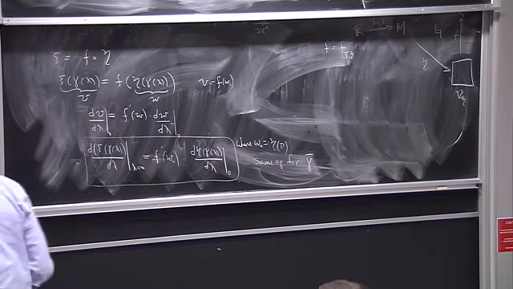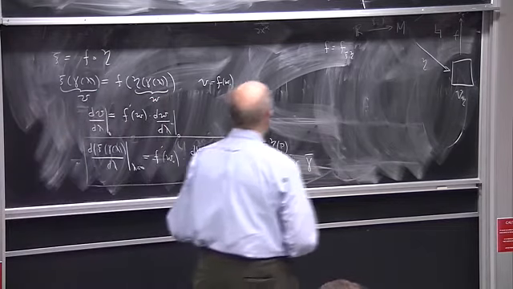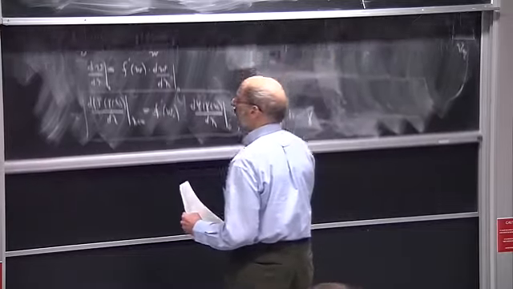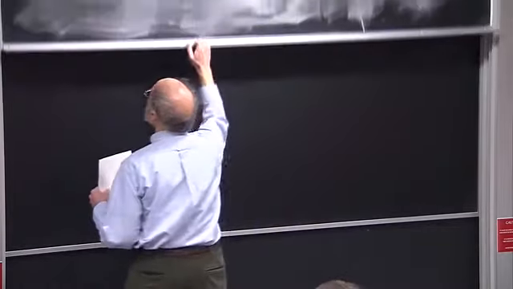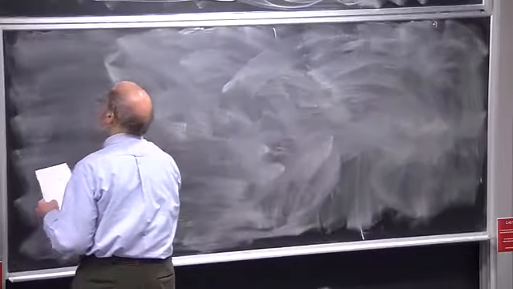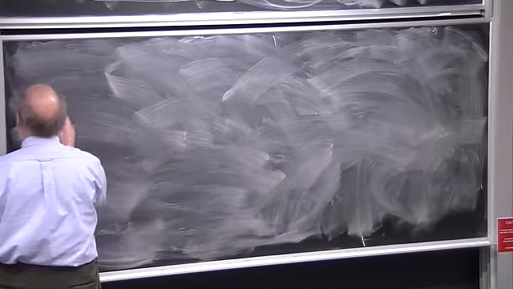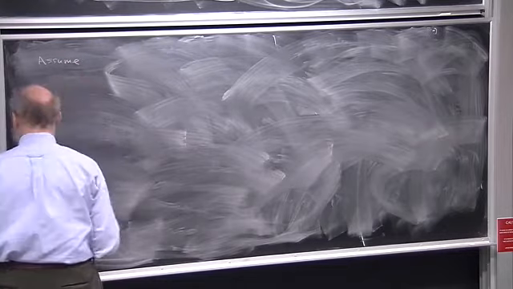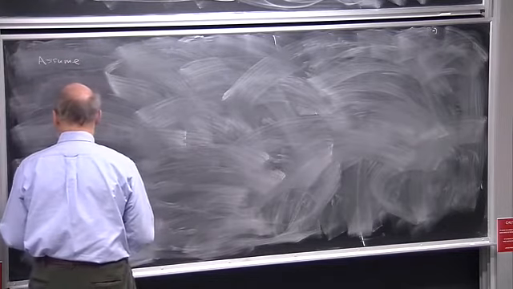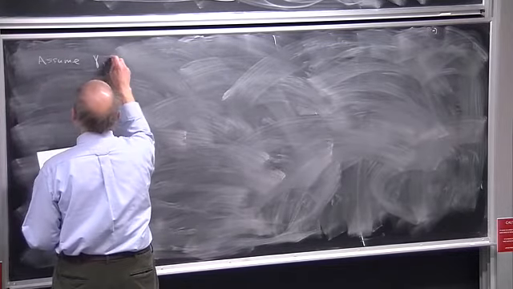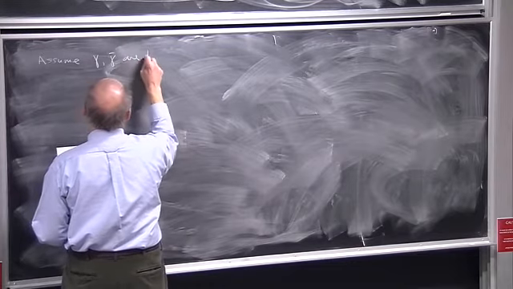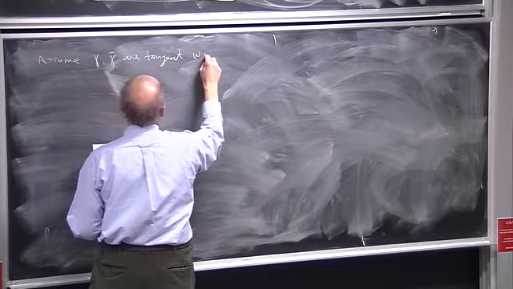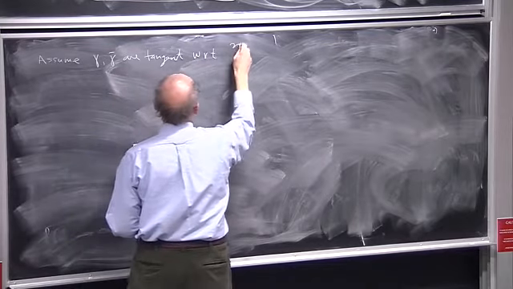But now, let's assume that gamma and gamma bar are tangent with respect to the chart eta.